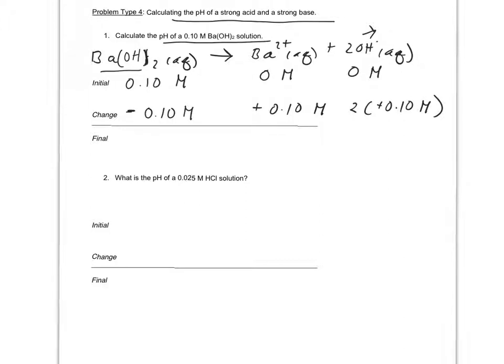So if we look at our final concentrations, we have none of the barium hydroxide left, and we have 0.10 molar of our barium ions and 0.20 molar of our hydroxide ions. We're going to use this 0.20 molar of our hydroxide to calculate our pH.